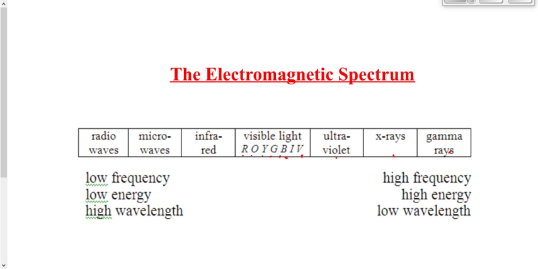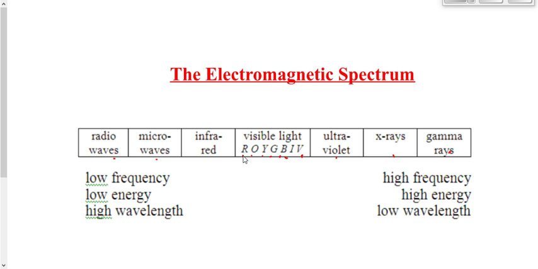You will have to identify the order of these at some point in terms of increasing frequency or increasing wavelength or decreasing wavelength or whatever the case may be. I want you to remember that song, and I want you to write out the spectrum as you see it on the board right here. And if you have to identify it in terms of decreasing frequency, then just read backwards on the list. Or increasing wavelength, then just read forwards on the list.